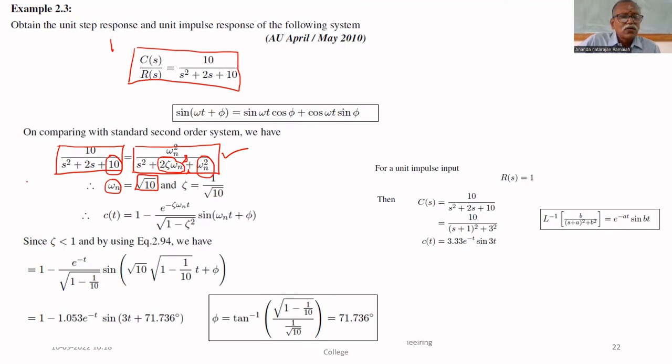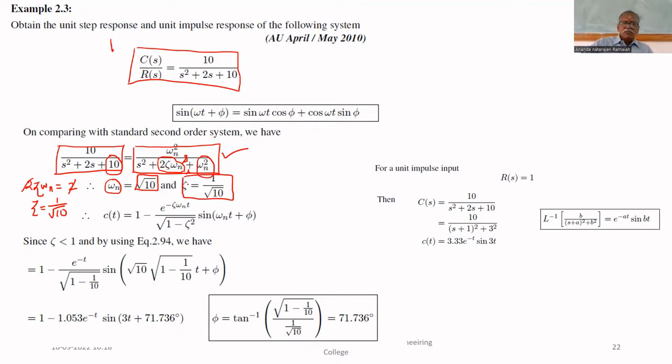Therefore, 2 zeta omega n equal to 2. Omega n equal to root 10. Therefore, zeta equal to 1 upon root 10.